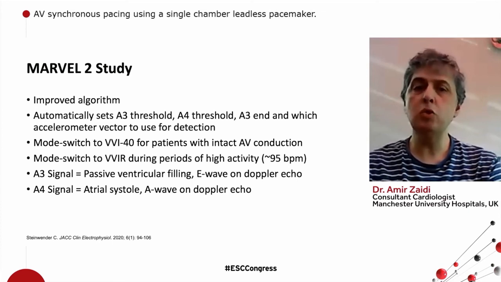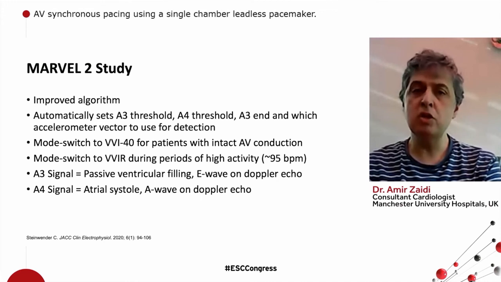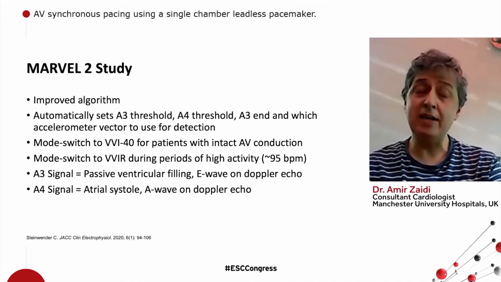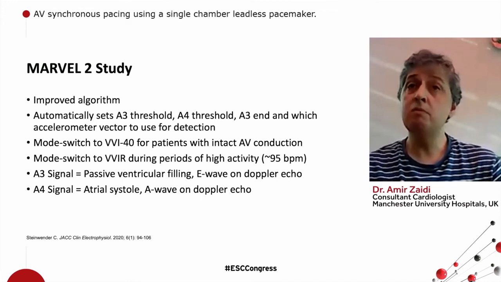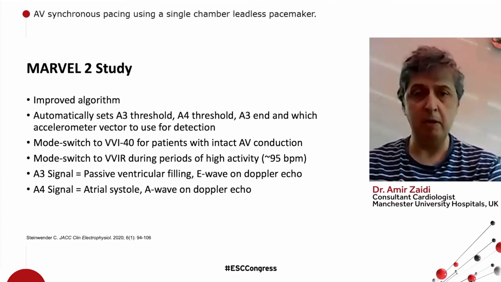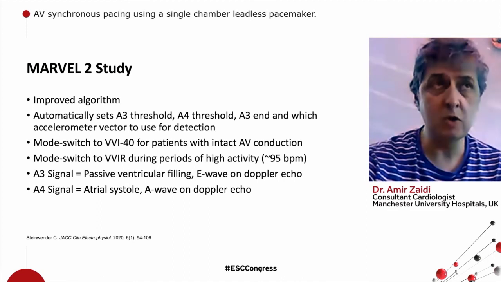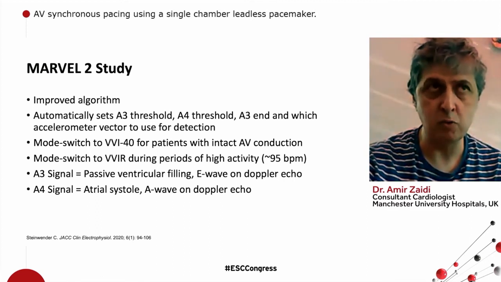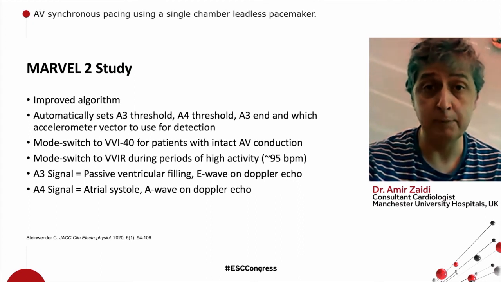And we also looked at parameters which could identify patients where recognizing the A3 and A4 signals were going to be problematic. And one of the things that was particularly useful in this study was looking at echo parameters to identify patients who were likely to have problems.